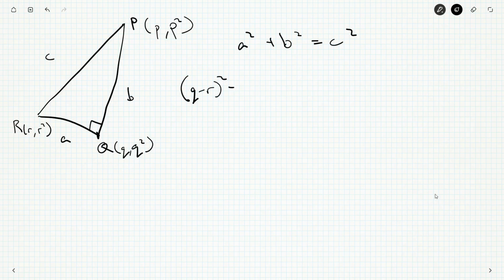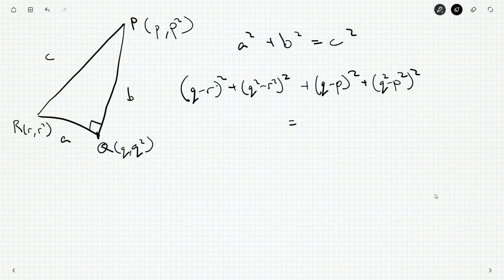So (q minus r) squared plus (q squared minus r squared) squared. That's A. And then B is the same thing but with p's: (q minus p) squared plus (q squared minus p squared) squared. And that's got to be equal to C squared.